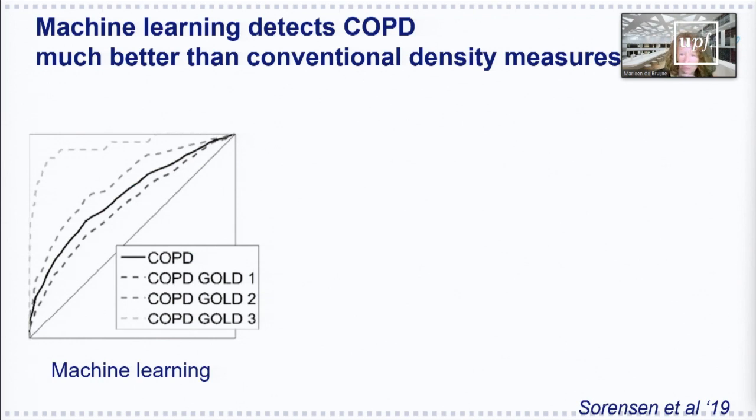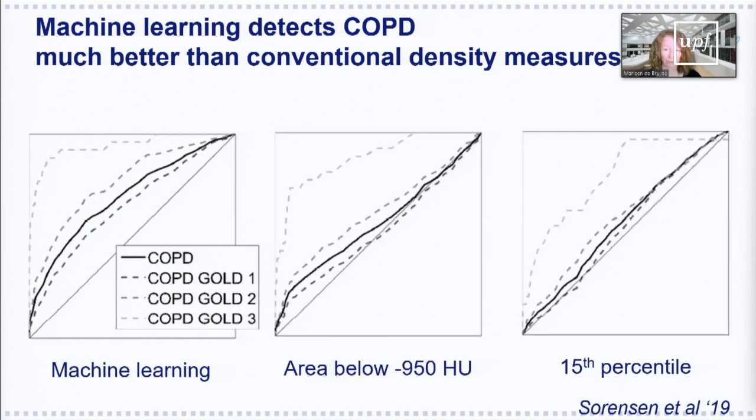So can CT patterns predict disease better than a radiologist can, in this case by visual scoring or densitometry? These are the ROC curves for COPD detection based on a machine learning model. This was actually not a deep learning model. It's a little bit older work, but quite similar in nature. You see ROC curves for discrimination of COPD by machine learning on the left and by two different standard densitometry measures on the right.